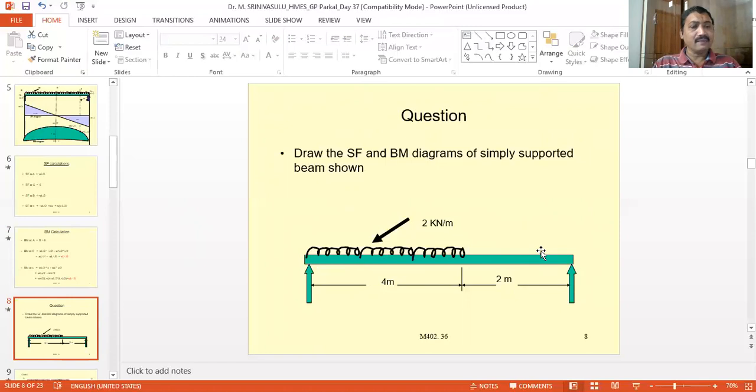And this is the figure, and after copying this we will start solving this problem.